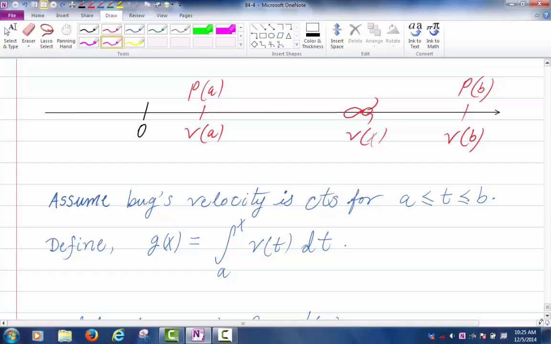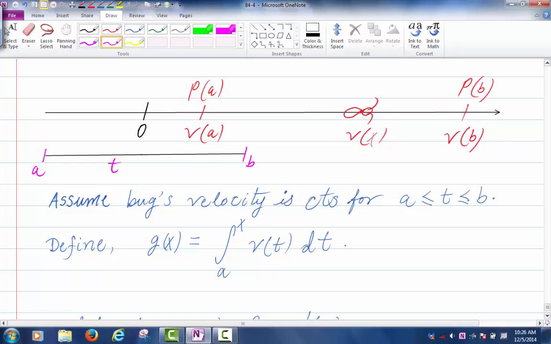Now I am defining g of x. Let's say we are focusing on the time interval from A to B. So we are picking a time interval. Let me draw a time interval here. This is from A to B, and this represents the time interval.